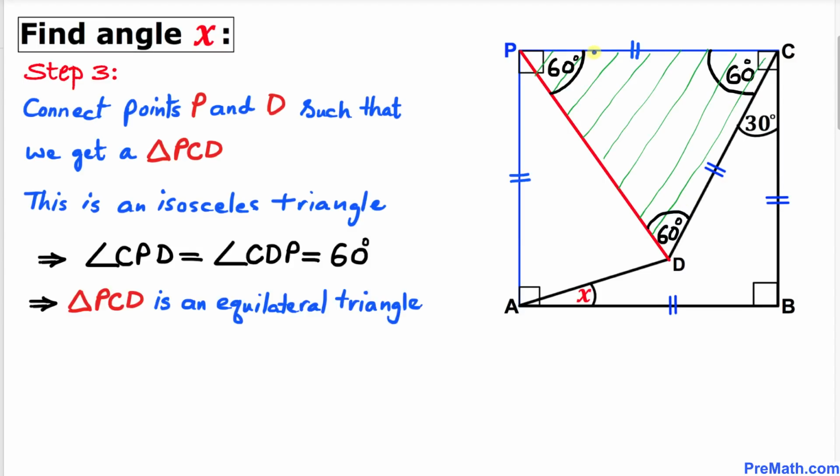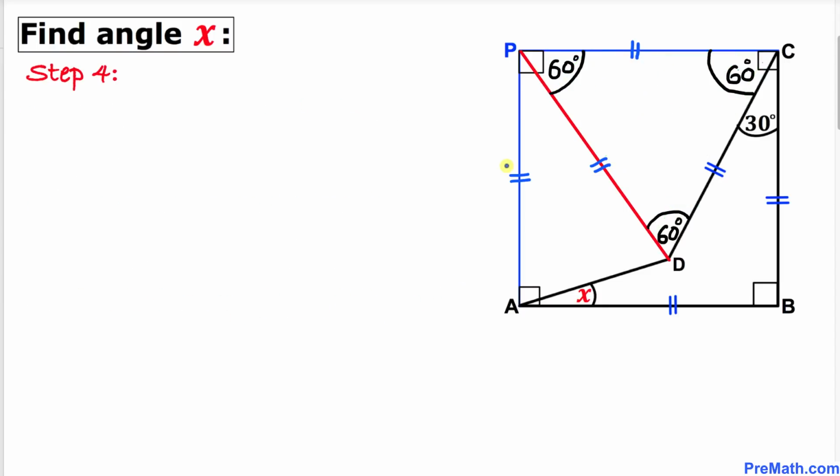And now since all these three angles are 60 degrees, this triangle PCD is going to be an equilateral triangle. So this side length is equal to this side length is equal to this side length as well.